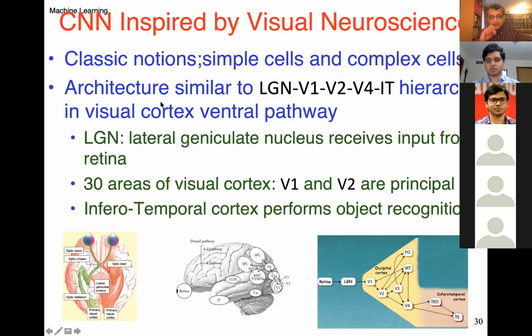And the architecture is similar to, well, this is again brain stuff. And this is similar to the brain; people will tell you that there is an LGN, V1, V2, V4, IT hierarchy in visual cortex, the ventral pathway. This is again a view of the human brain. The primary visual cortex, here's the eye, the two eyeballs.